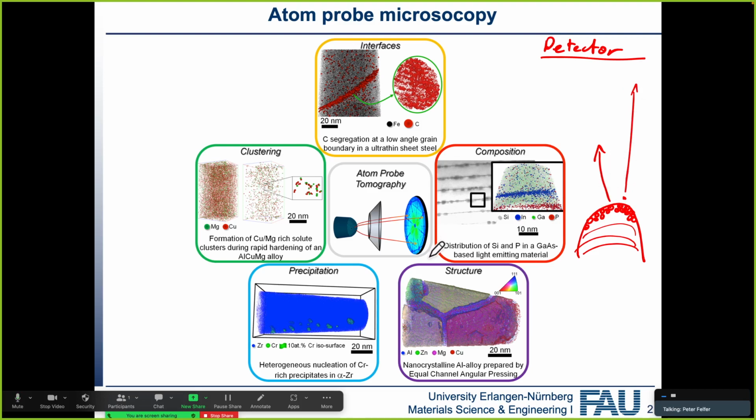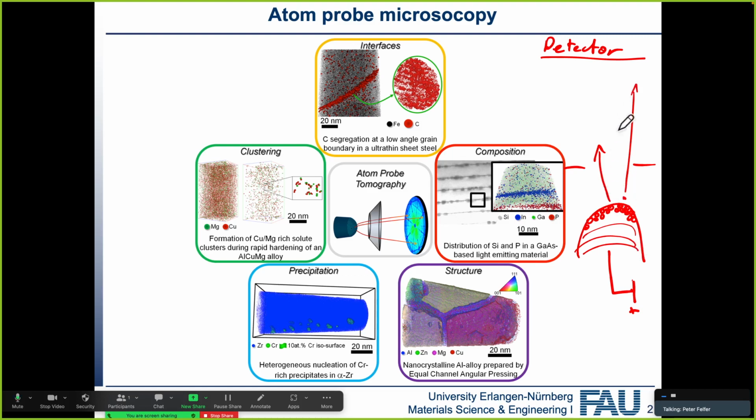And in order to be able to get the composition, we pulse the field in time. Typically here we have a positive voltage, and here we have typically ground or a negative voltage in order to get the high electric field that removes the atoms.